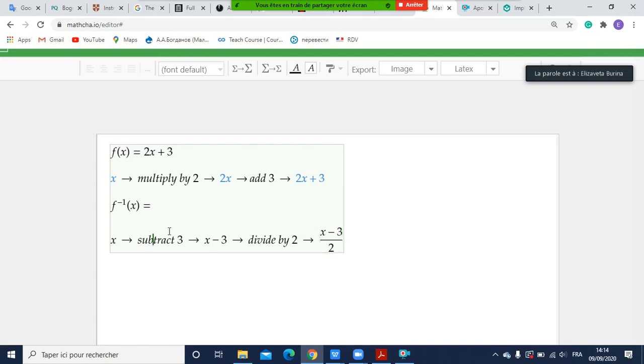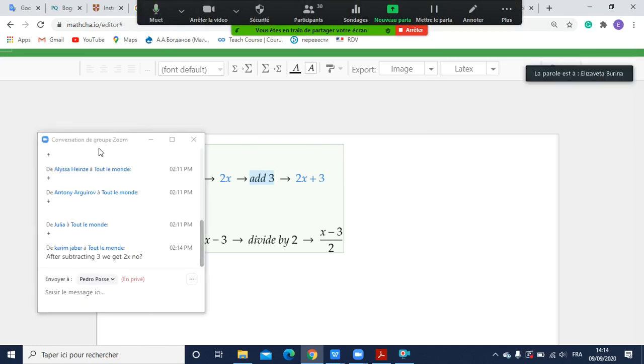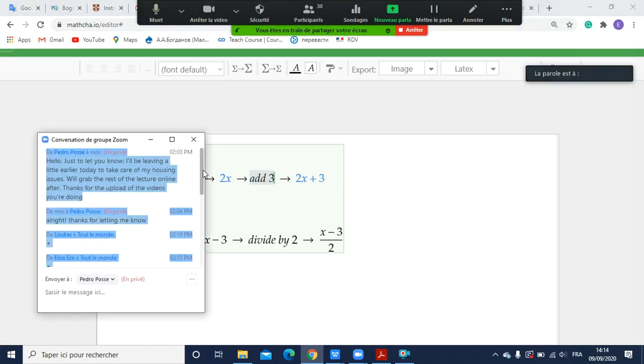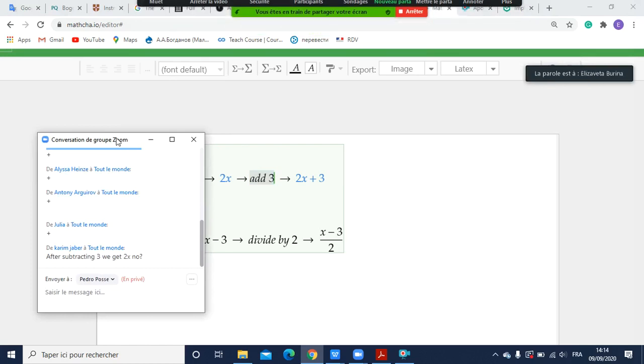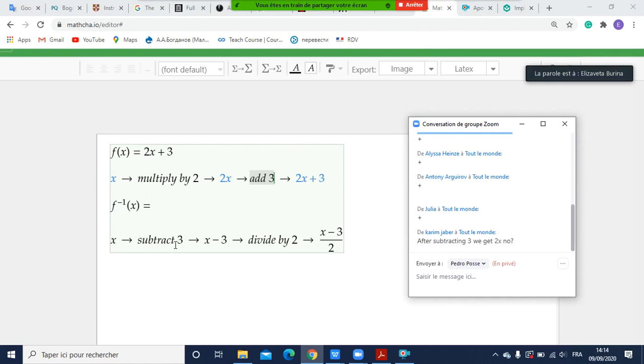Again, I started from the very last operation that we did. Wait a second, after subtracting 3, we get 2x? No. What I'm talking about now is not this function anymore. I'm talking about the inverse.